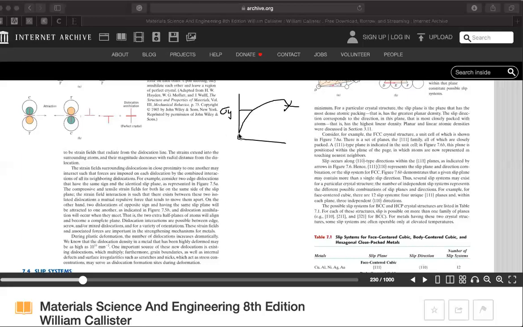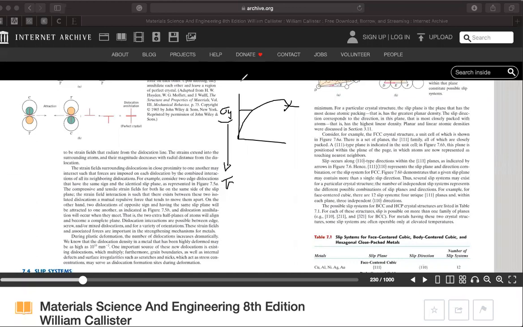Now, we want to dig a little bit deeper and ask how we can correlate between sigma y and the shear stress needed to let the dislocation slip. Because in the previous lecture, we said that in order for the dislocation to move or slip, we need to apply high enough shear stress.